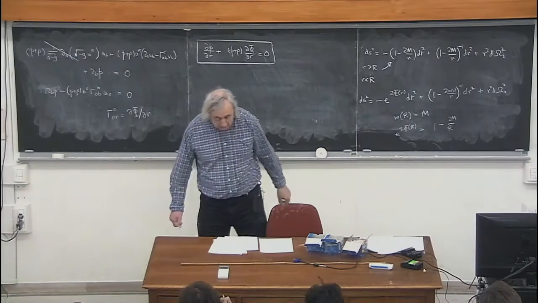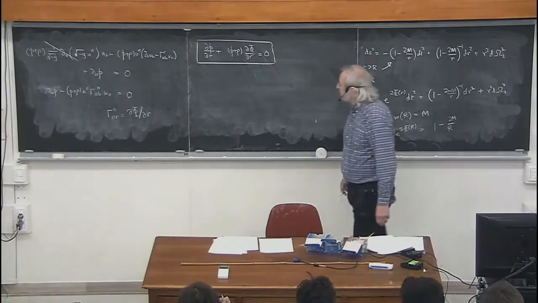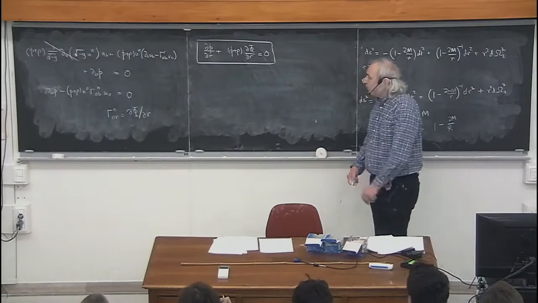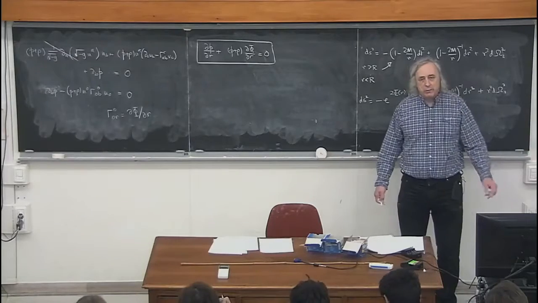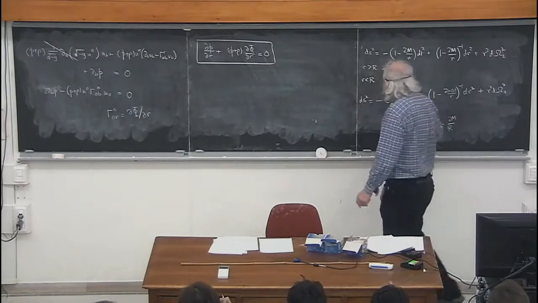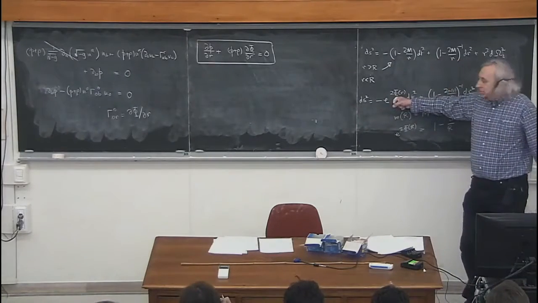So this is really the relativistic version of the statement that pressure is minus the gradient of the gravitational potential. Phi, you see, is like the Newtonian potential.